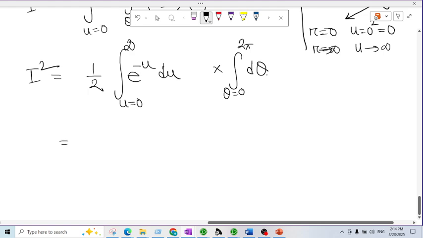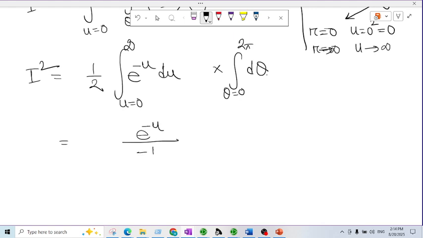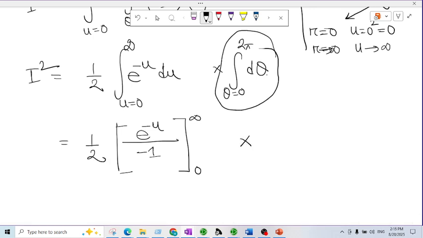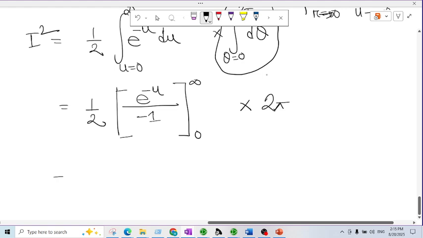If I integrate e to the power minus u, I will get e to the power minus u divided by minus 1, as minus 1 is the coefficient of u, right? Now we have to put the range here from 0 to infinity, and similarly if I integrate this, I will get twice pi. So let's put the values.